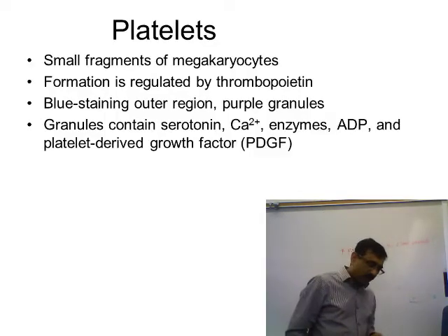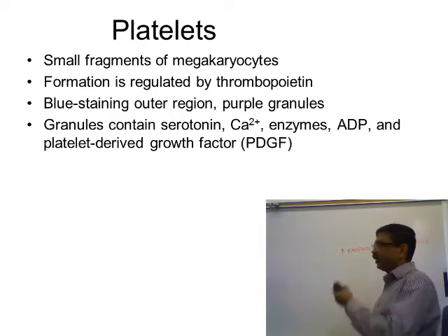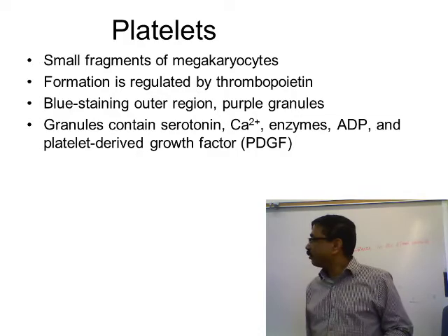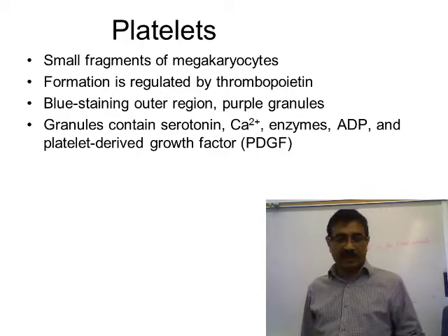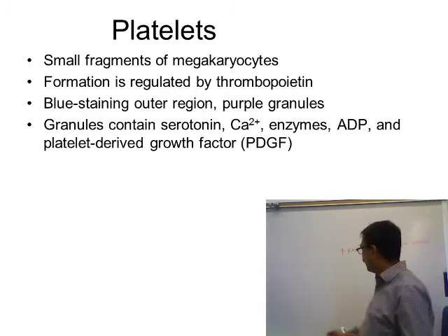So what are those granules? Those granules contain some chemicals. Which chemicals? Serotonin, calcium, ADP, platelet derived growth factor, PDGF. So those are the chemicals present in those granules in the platelet.